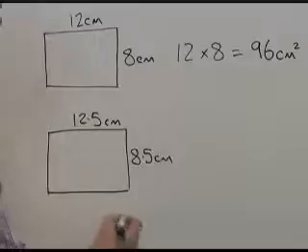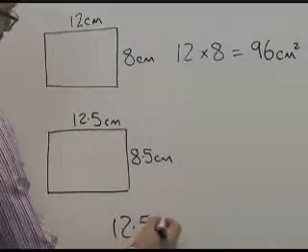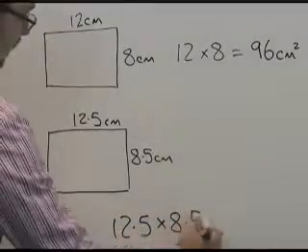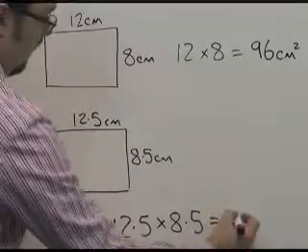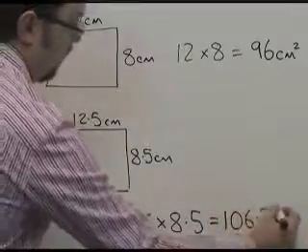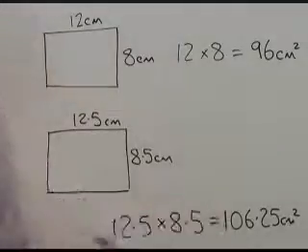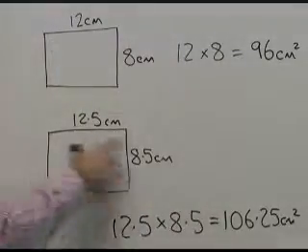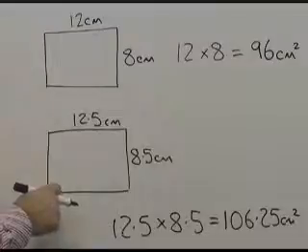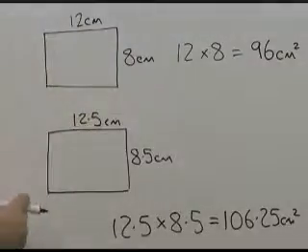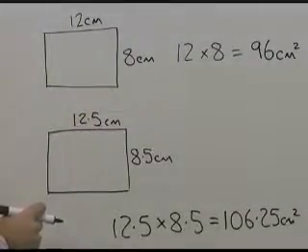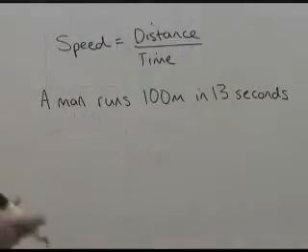So you do 12.5 multiplied by 8.5, which is 106.25 centimetres squared. And that is the largest area that this rectangle can be, given that these numbers have been rounded to the nearest centimetre.